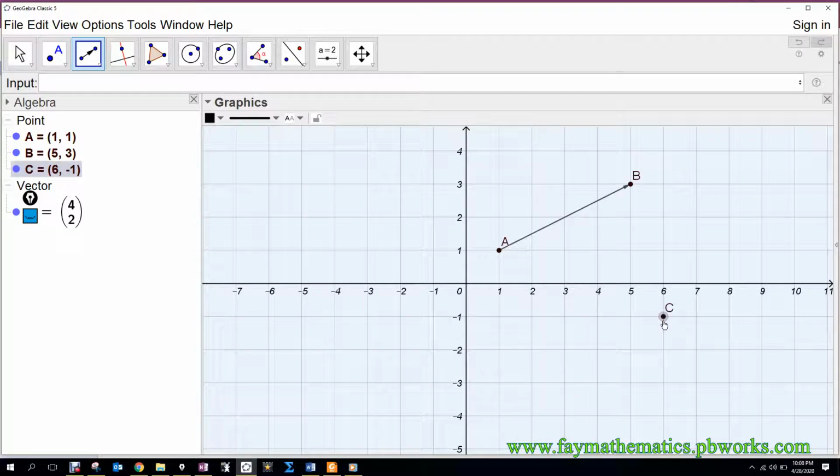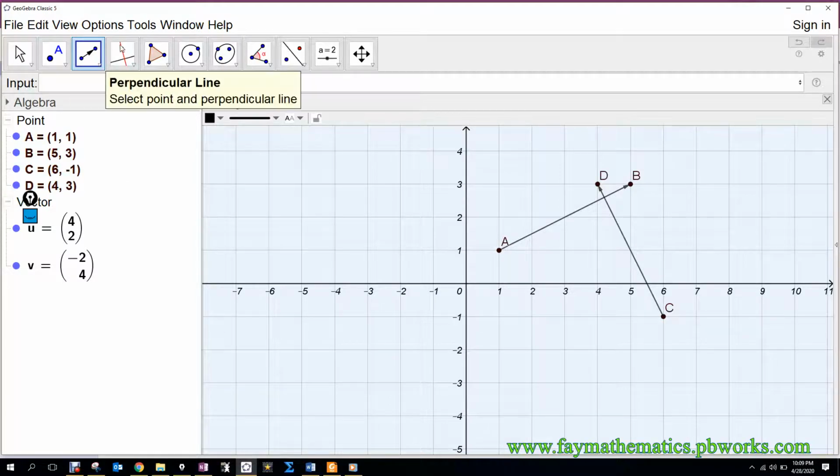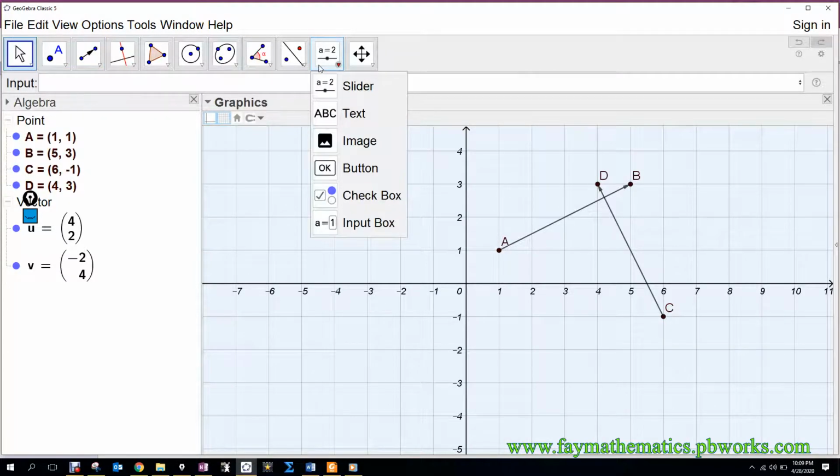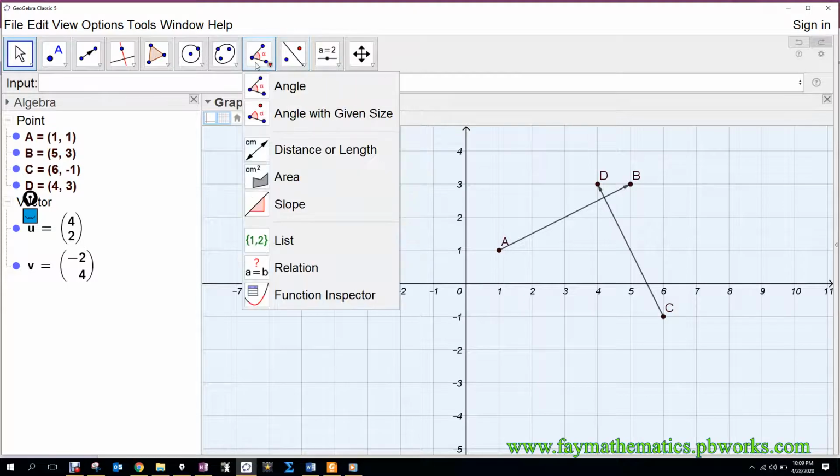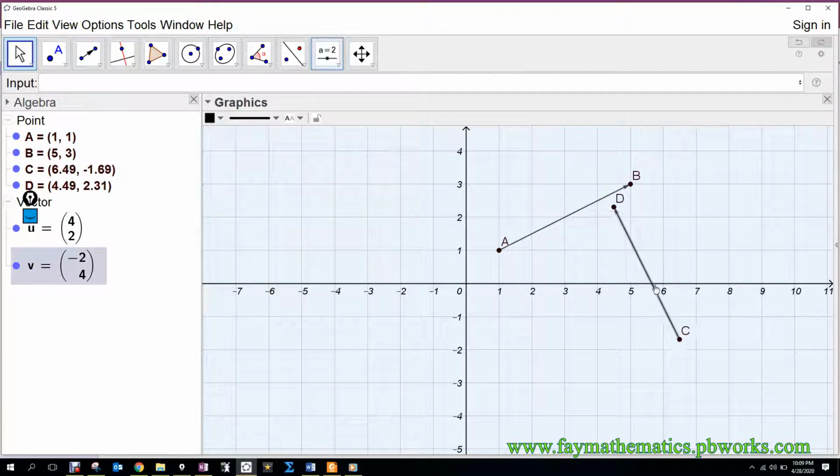Starts there, 1, 2, 3, 4. Let's go 2, and then 1, 2, 3, 4. If I give you the distance of these two things, and let's actually move this one away so that it's not intersecting.